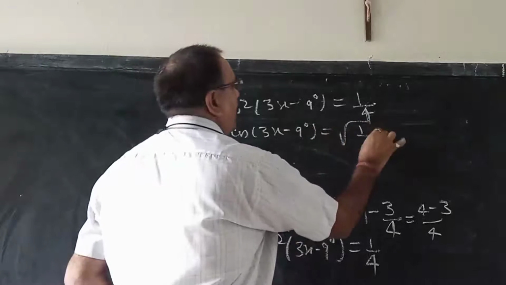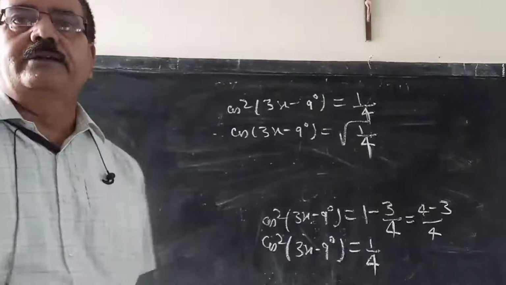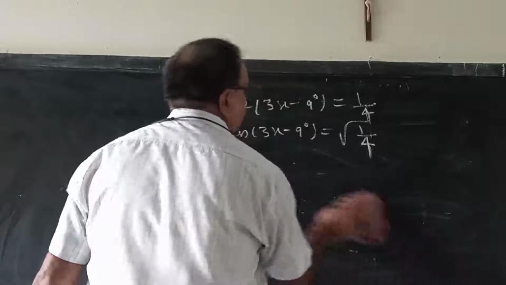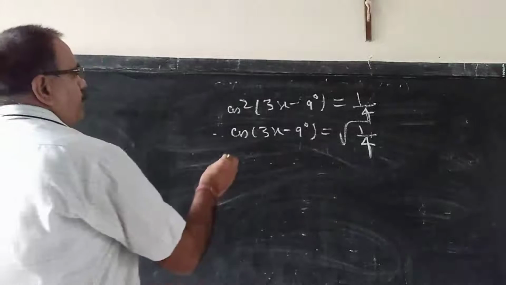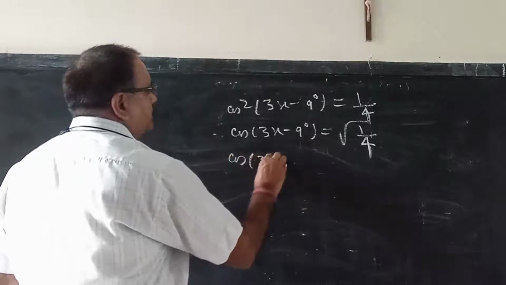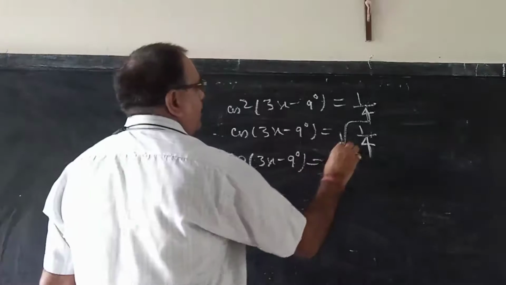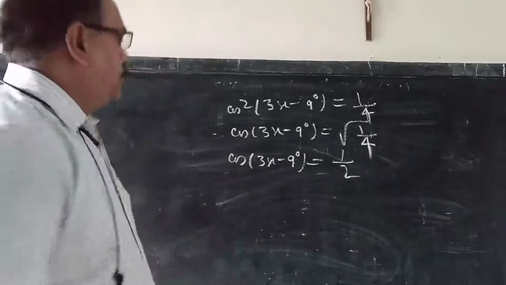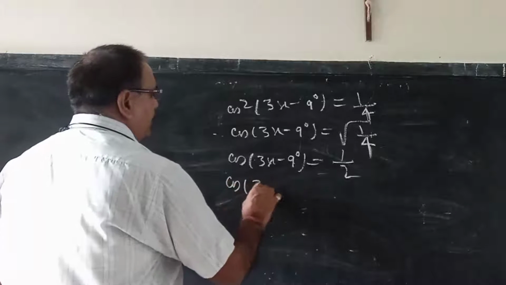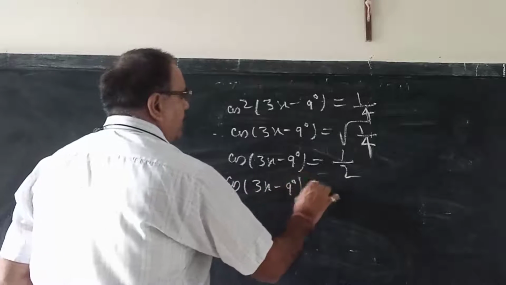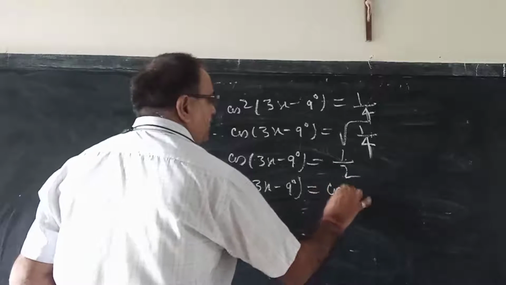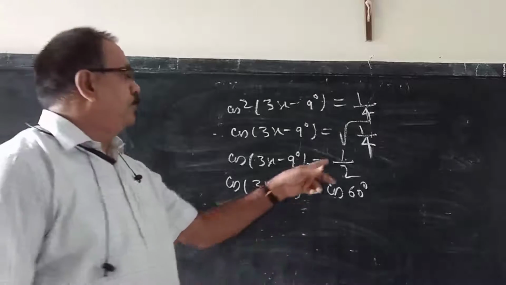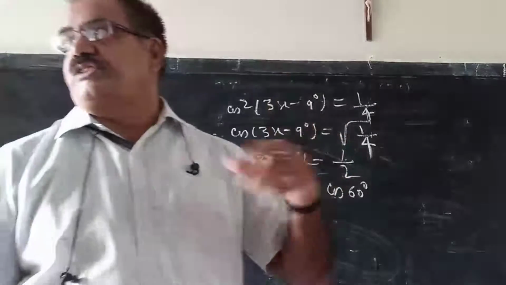That is the square root of 1/4, which is 1/2. So cos(3x − 9°) = 1/2. And 1/2 is cos 60°, so in place of 1/2 we will write cos 60°.